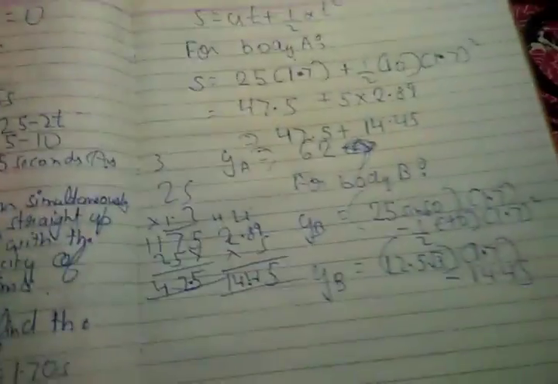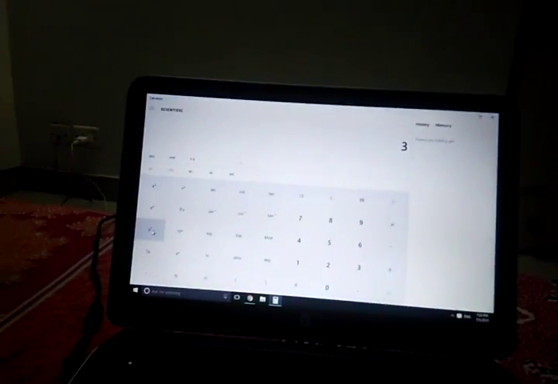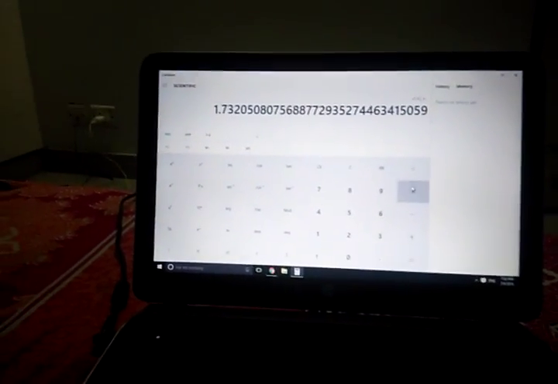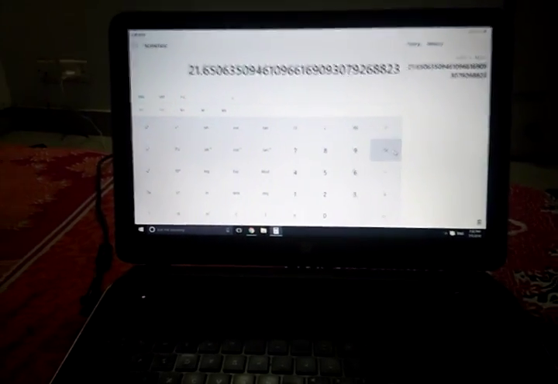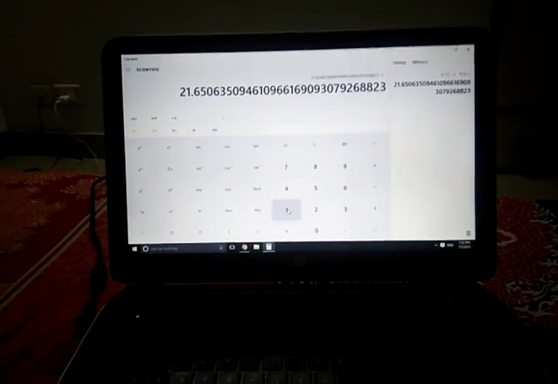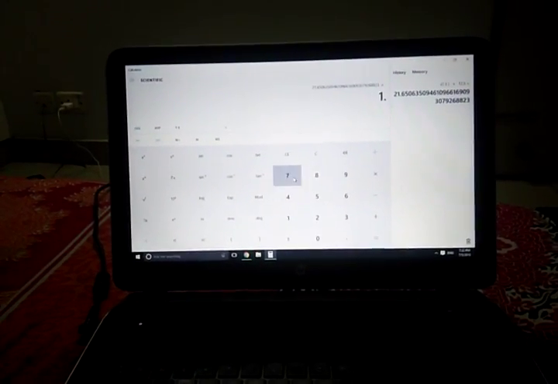Let me find the value of 12.5 into root 3. What's the root of 3? 1.73 into 12.5, for how many seconds? 1.7 seconds. This gives us 36.8, right, as our answer.